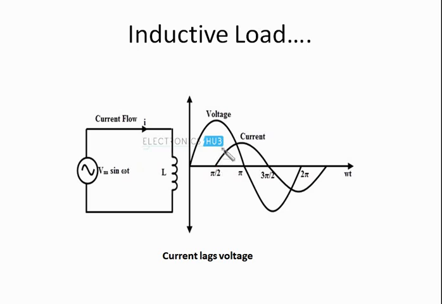So it is starting at 90 degree after the voltage waveform. So we can say that the current waveform is lagging behind the voltage waveform, and hence the power factor lies between 0 to 1 in case of inductive load. The example of inductive load are generators, inductors.